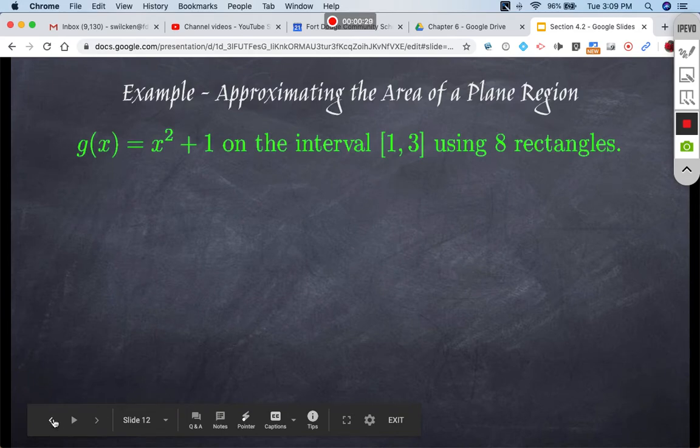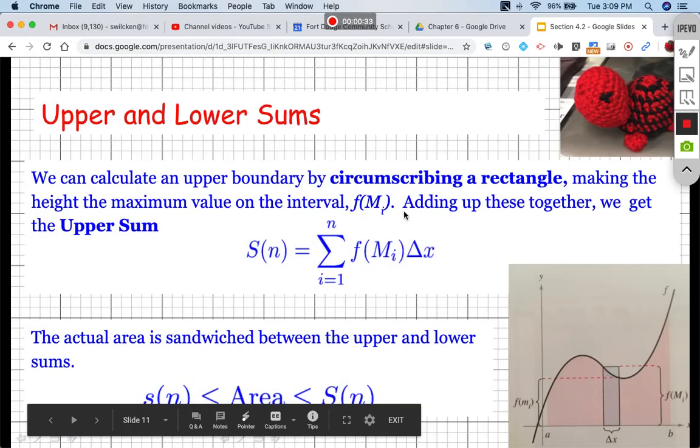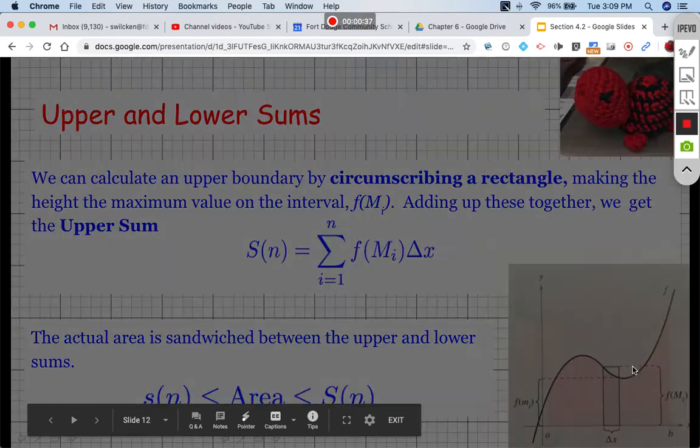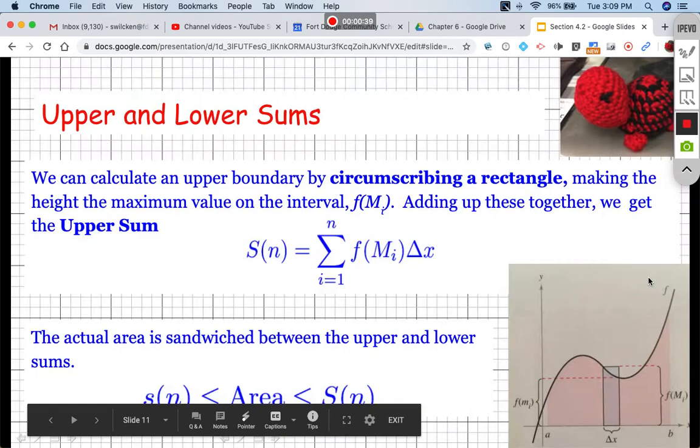Actually, let's go back one. We're using this idea that we can approximate the area under a curve by finding the sum of all of the inscribed areas as the lower boundary, and the area of all the circumscribed rectangles, those were the upper boundary, and the area is somewhere between there.